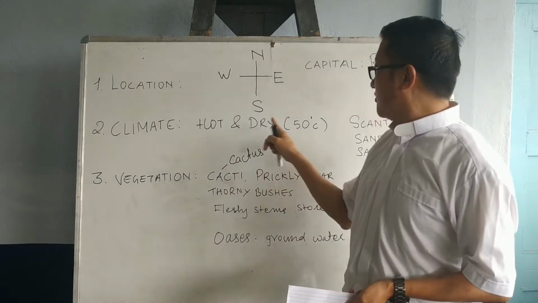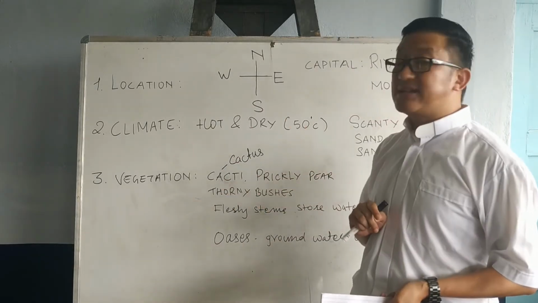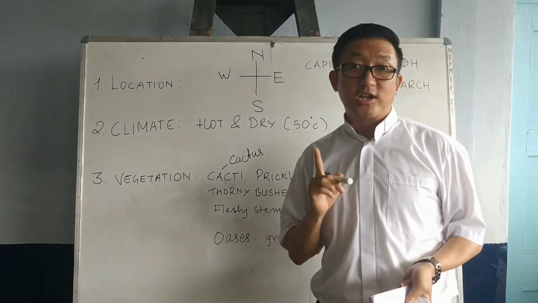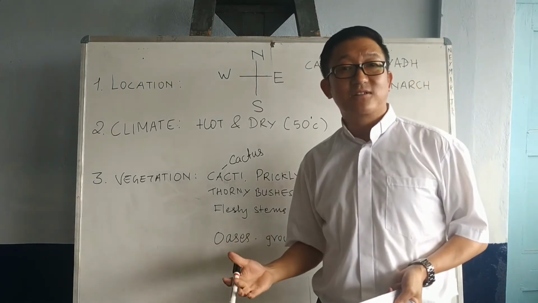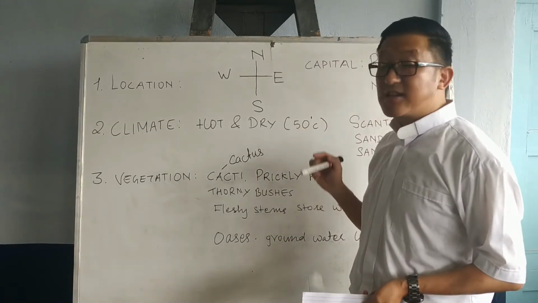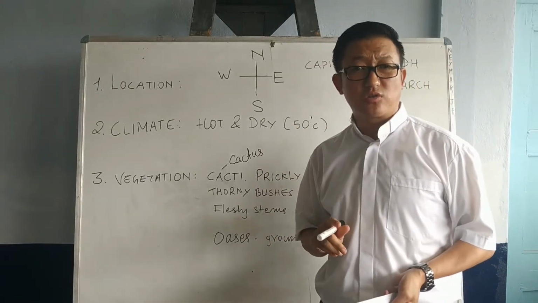Alright, so therefore 50 degrees Celsius means very hot. At 100 degrees water will start boiling, and this is half of it, which means very hot, no?